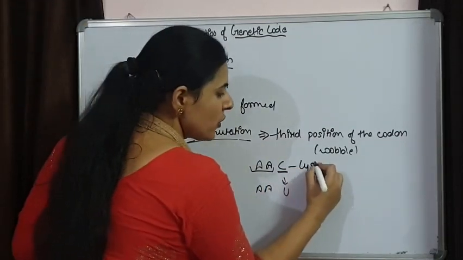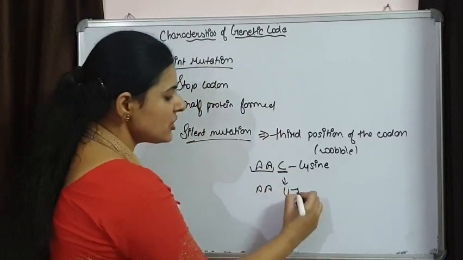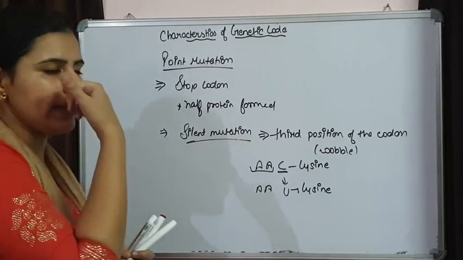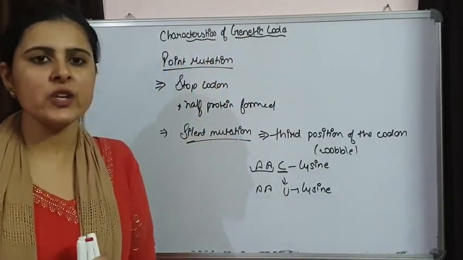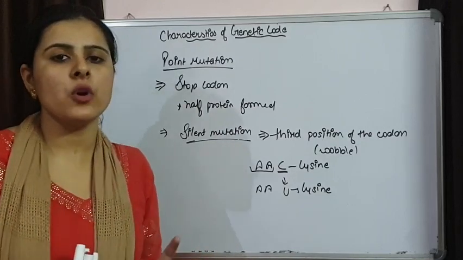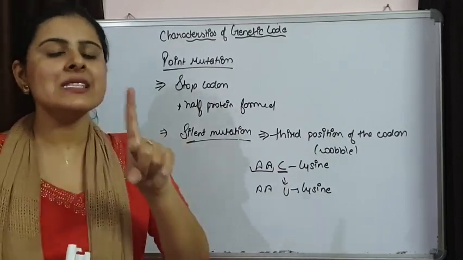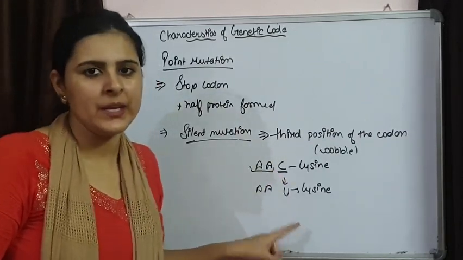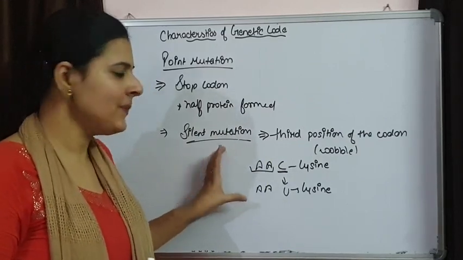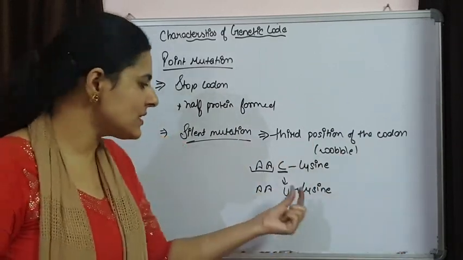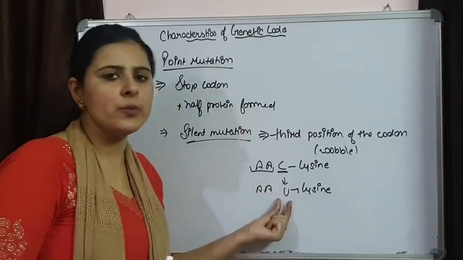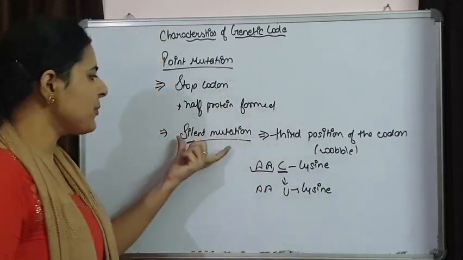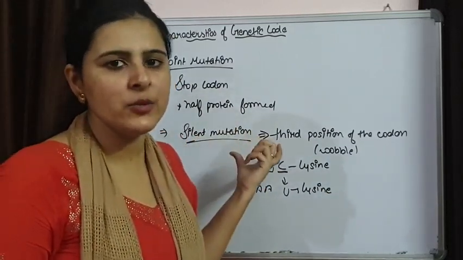Say earlier it was coding for lysine; after the change in the third base, it is still coding for lysine. If we see the standard chart of genetic code, we will see that most of the codons coding for a single amino acid have a change in their third position only. The first two are the same and the third one is changed. So this is the wobble position, and a change in a wobble position does not lead to a change in any amino acid. These types of mutations are known as silent mutations.